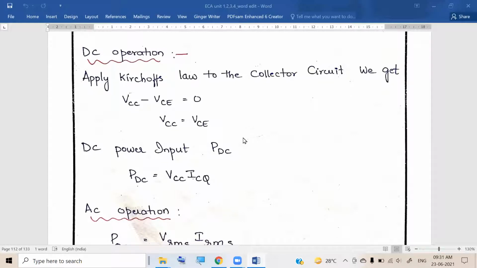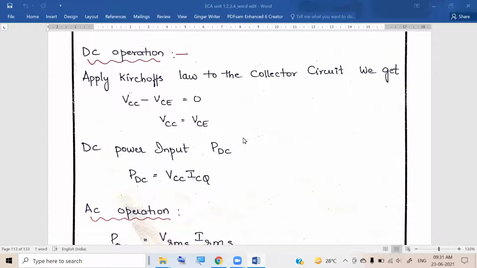If you plot VCE is equal to VCC, how will the plot be? I told you VCC is the constant. Linear, a straight line. But how will the straight line be? Parallel to x-axis, parallel to y-axis, or what?